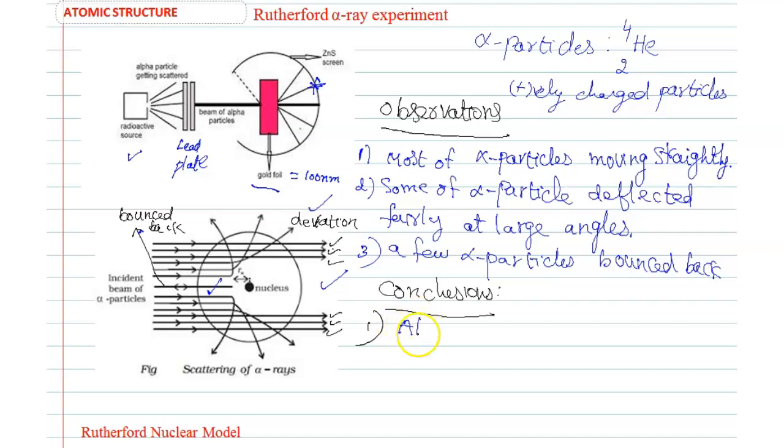The atom has large empty space, that's why they are moving straight. That is the conclusion.